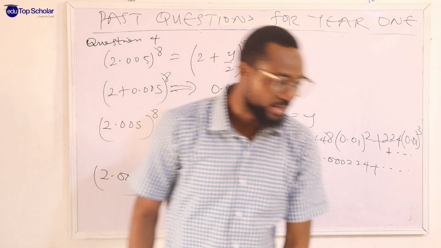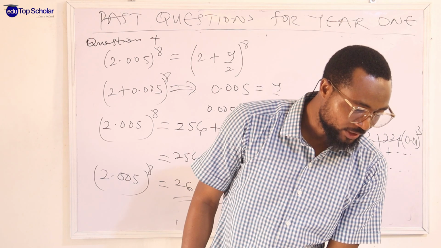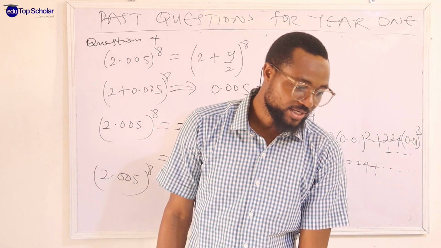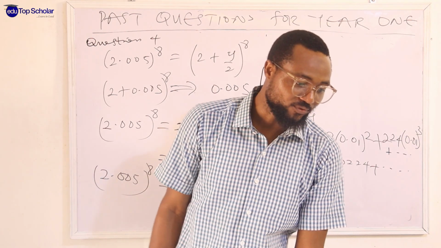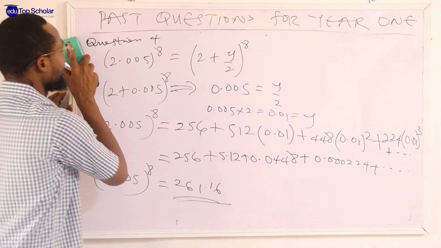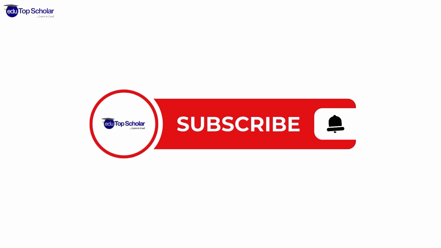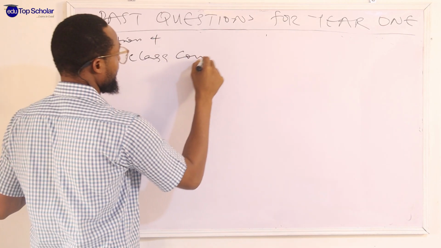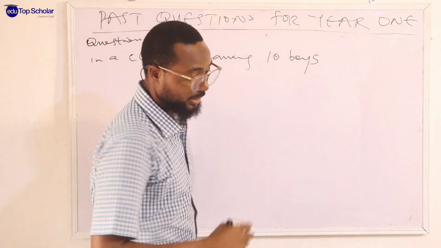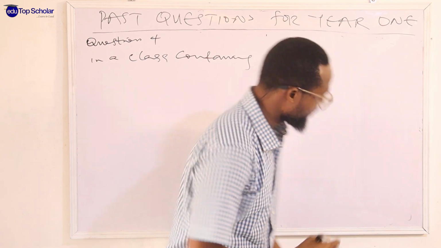Now, question 4B here. We should say in a class containing 10 boys and 6 girls, find the number of ways to select 4 boys and 3 girls. I think I should write the question now. A class containing 10 boys and 6 girls.